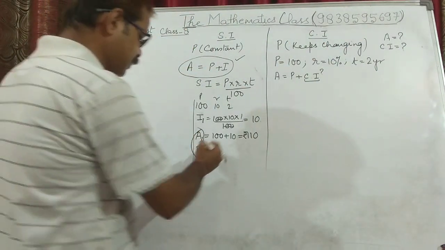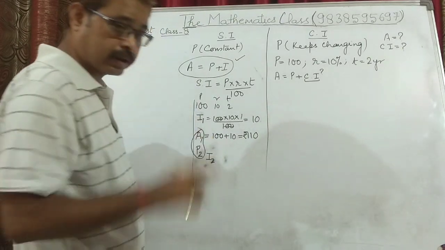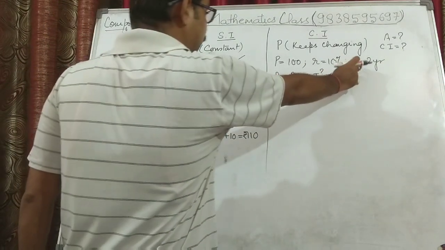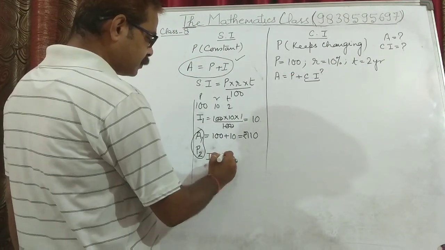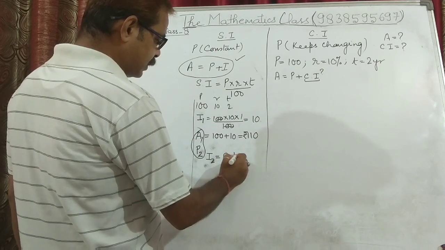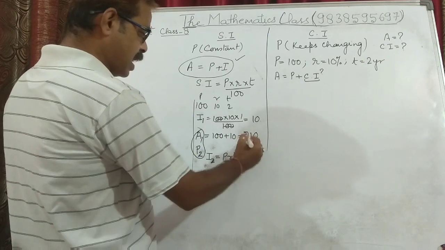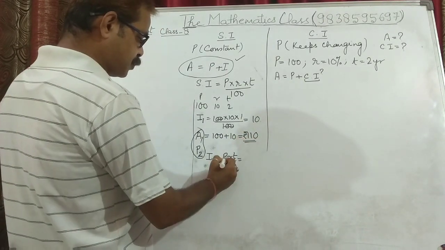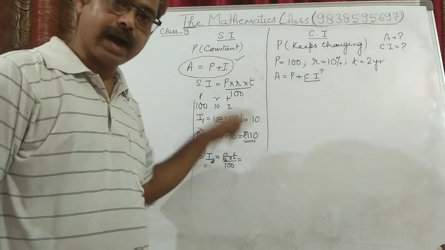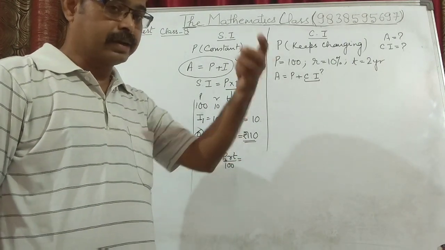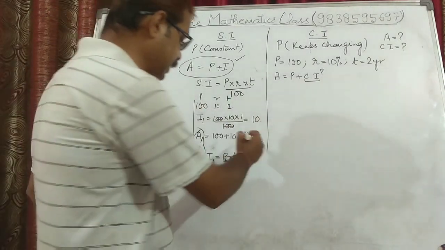So we will calculate interest for the second year, because we have to calculate for 2 years. Interest for the second year will be PRT upon 100, but here the value of P is 110, P2 we can say. Why? Because 110 was the amount after the first year, but it becomes the principal for the second year.